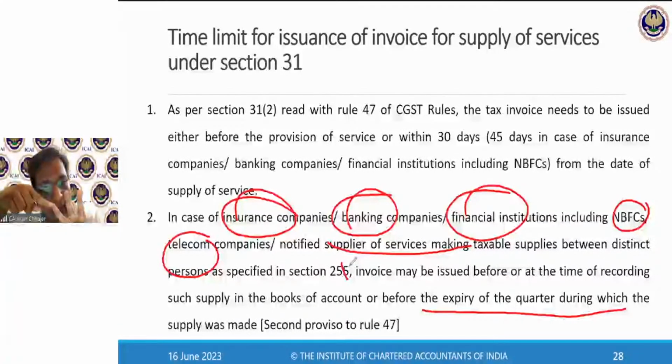Normally the time limit to issue the invoice is 30 days for services, 45 days in case of the banking, NBFC, etc. It can be till quarter also, but it is only applicable to the distinct person, insurance, banking, financial companies, institution, NBFC, etc. Can anybody tell me what is the meaning of distinct person? क्या कोई मुझे बता सकता है डिस्टिंक्ट पर्सन का मतलब क्या होता है?